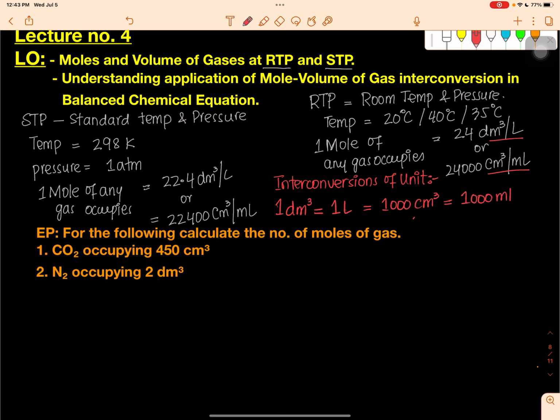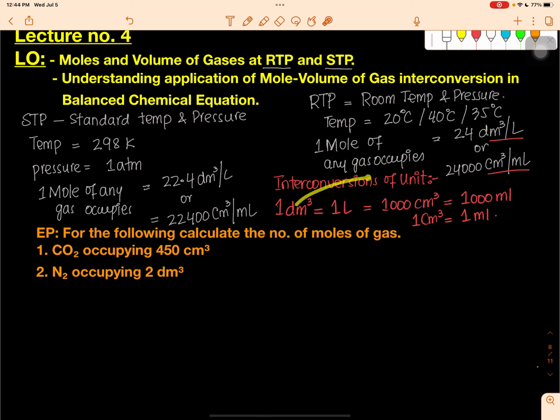One can also say that 1 cm cube equals 1 ml. You see, there is a direct relationship between 1000 cm cube and 1000 ml, so 1 cm cube equals 1 ml. In the same way, 1 dm cube equals 1 liter. So 1 liter is equivalent to 1000 cm cube, or 1000 ml.